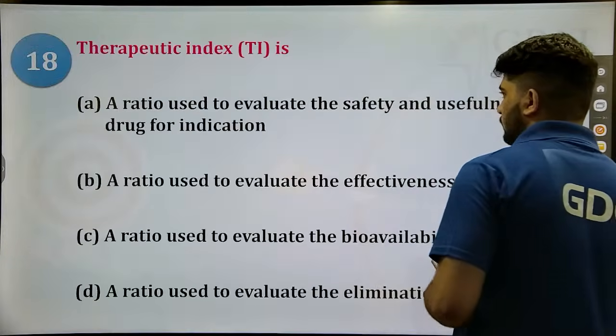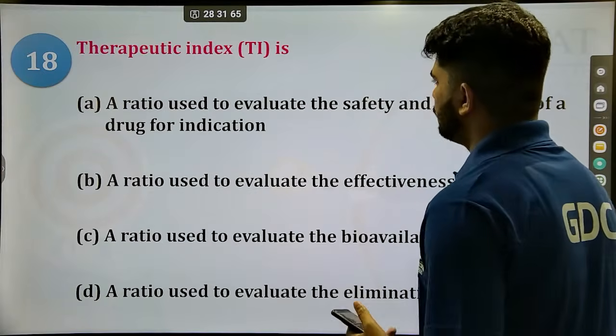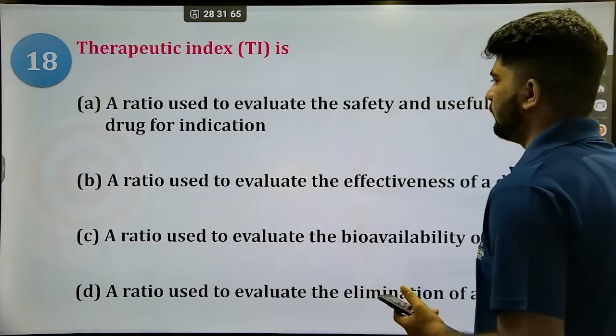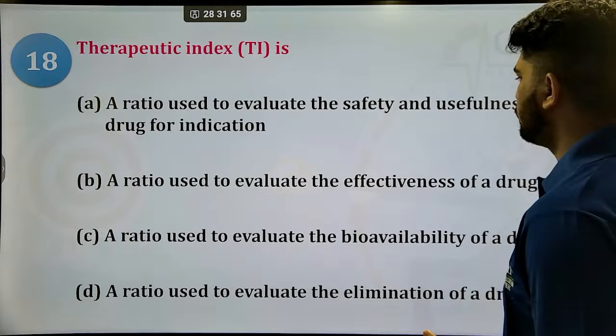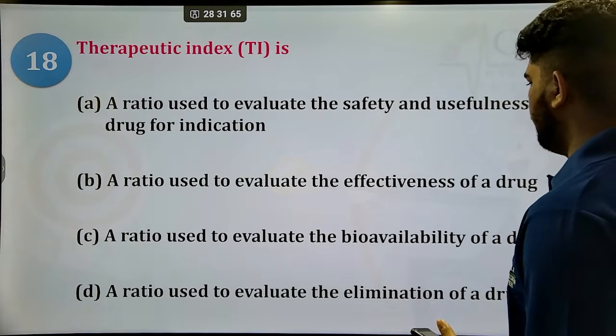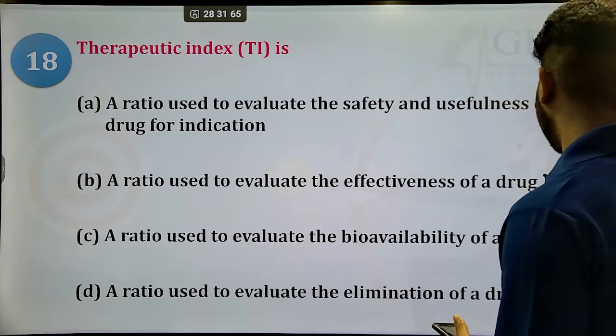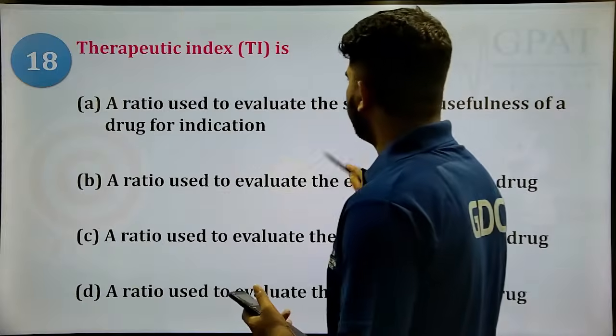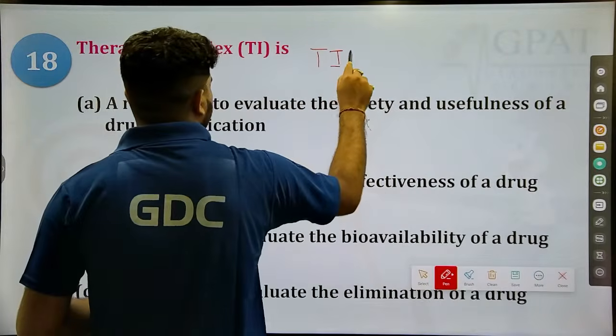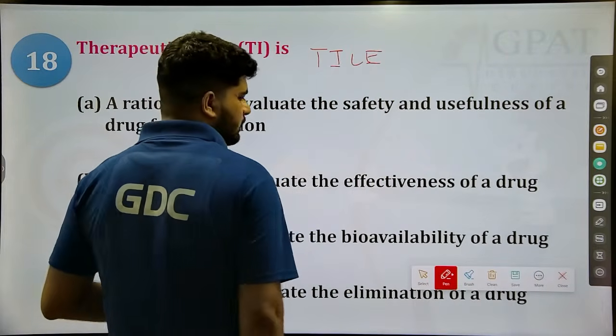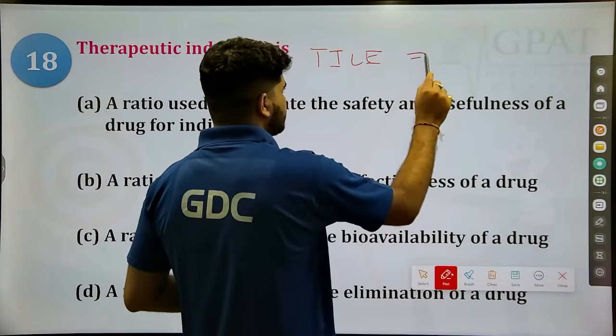So what is therapeutic index? A ratio used to evaluate the safety and usefulness of a drug for an indication, or a ratio used to evaluate the effectiveness of a drug, bioavailability, elimination. Simple.